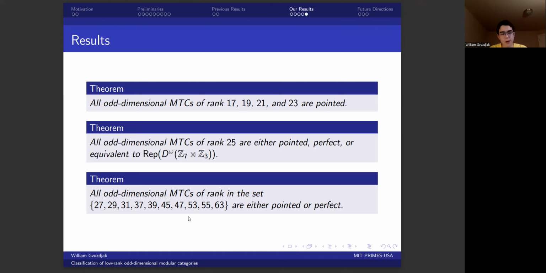One potential reason that explains this is that if we take the center of any odd-dimensional fusion category, its Frobenius-Perron dimension must be congruent to 1 mod 8, because it's the square of some odd number.